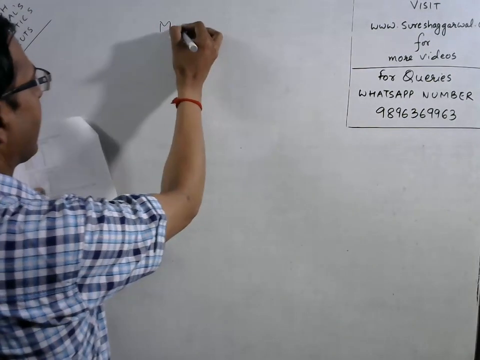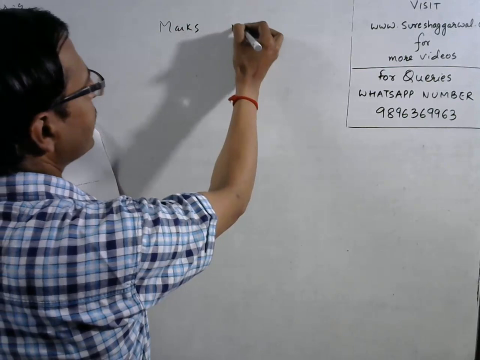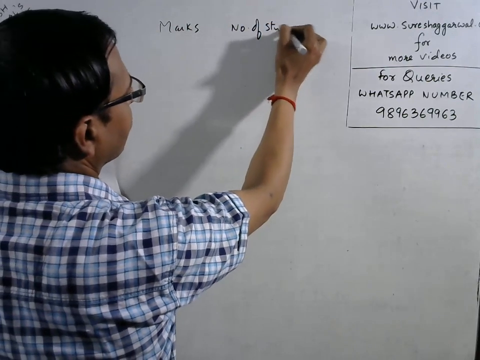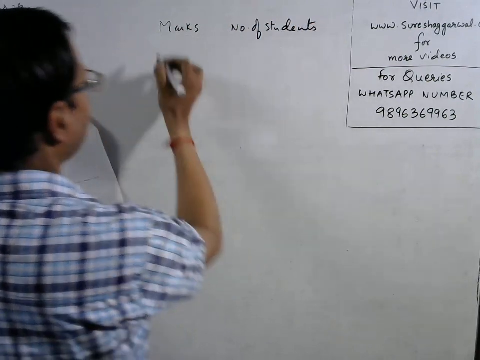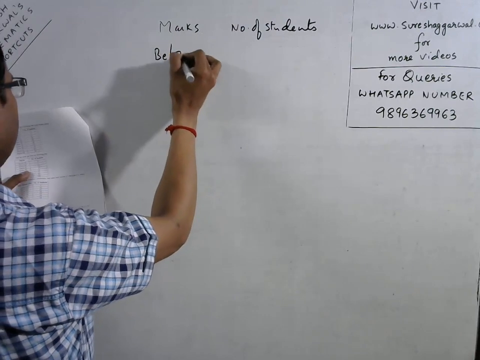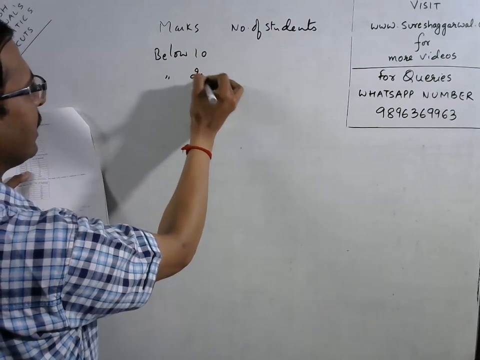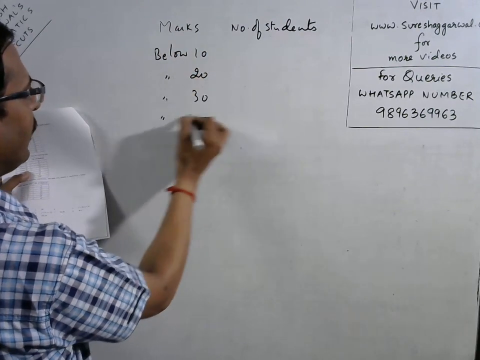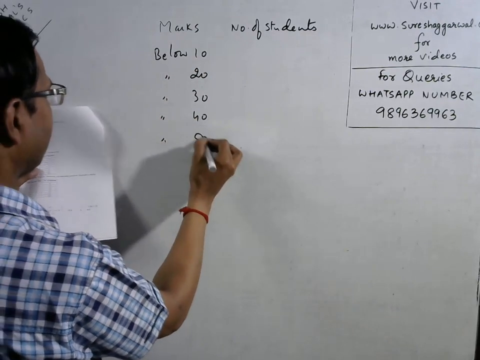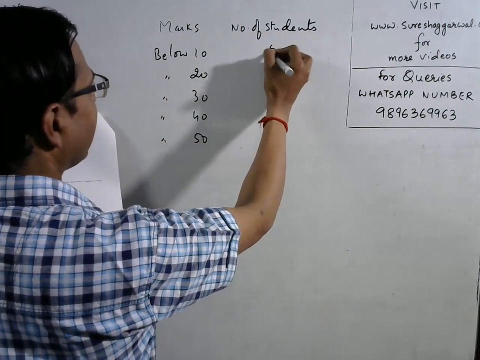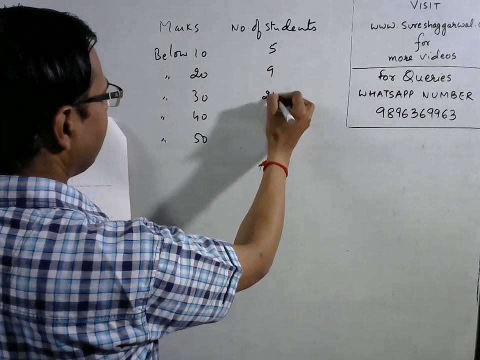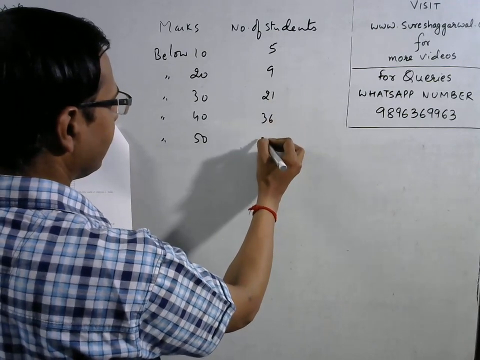Say we have marks and number of students. The marks are below 10, below 20, below 30, below 40, below 50. And number of students 5, 9, 21, 36, 50.